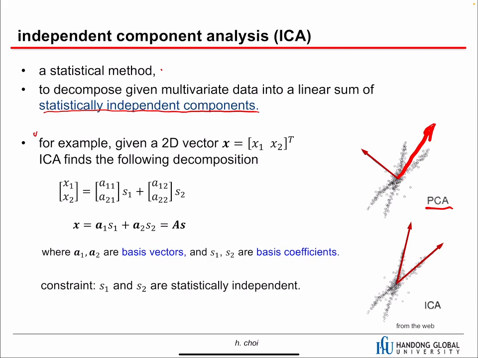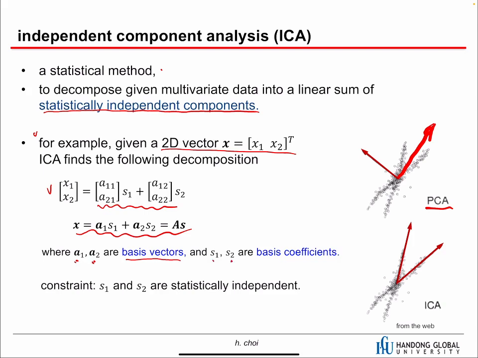So for example, given 2D vectors x1 and x2, these are the observations, and we believe that x1 and x2 are generated from this mixture equation. In this equation, a1 and a2 are basis vectors. In PCA, eigenvectors are the basis vectors, but in ICA, these are not eigenvectors.